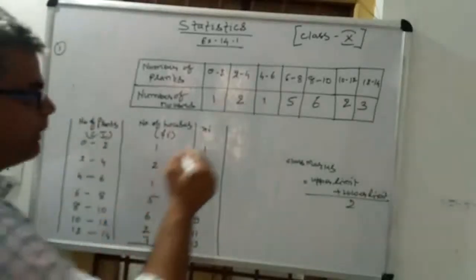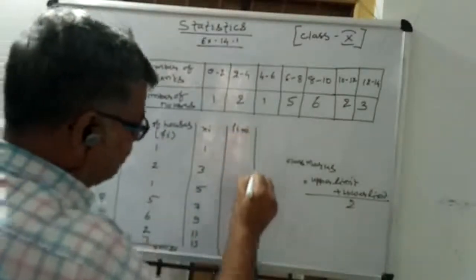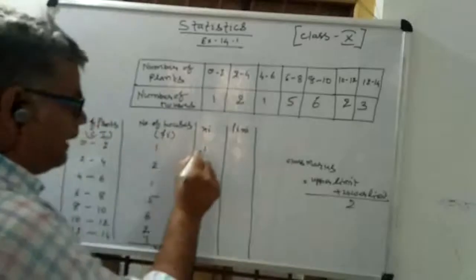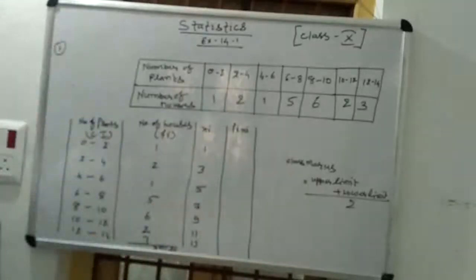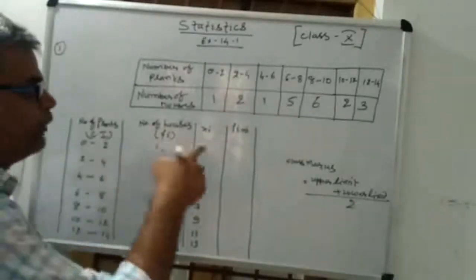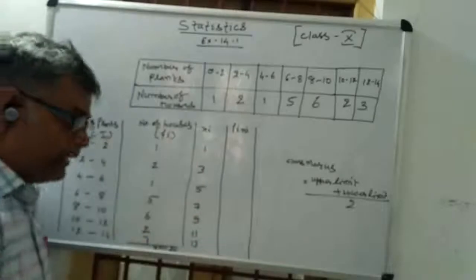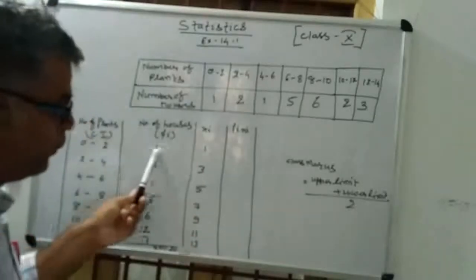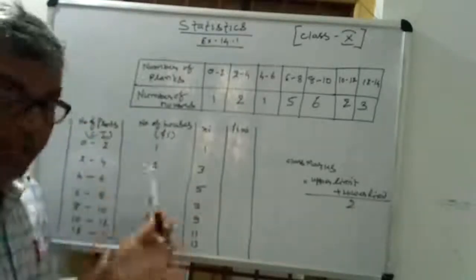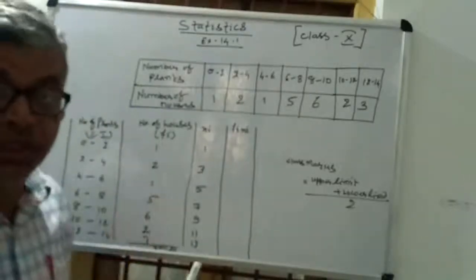Now one more column you need to find, Fi Xi. It means the product of Fi and Xi. You calculate the product of Fi and Xi. So when you multiply Fi and Xi, corresponding values, you should always write the value in a line, so that there will be no confusion.